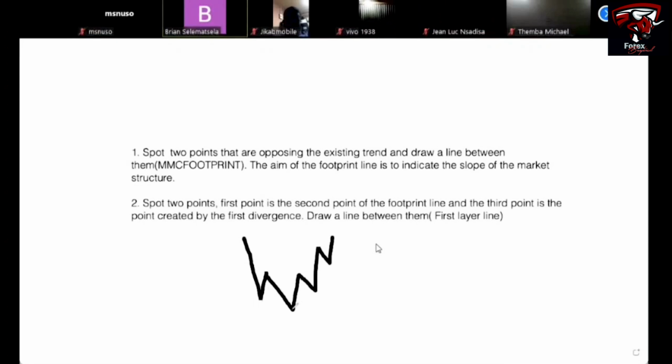The first 2 points that oppose the trend, you're going to be drawing a line between them and naming that line a footprint line.